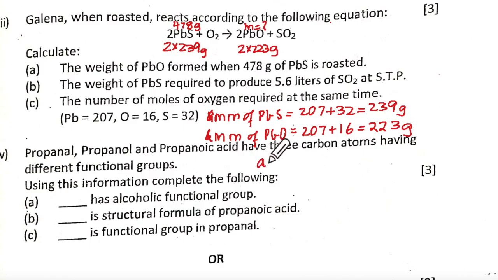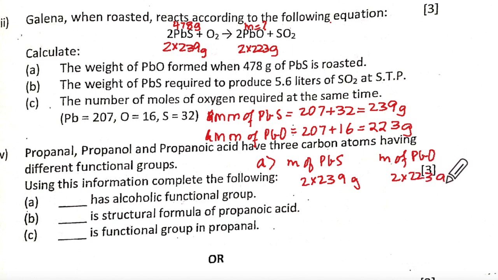I would for A part make two columns. Mass of PbS, both the numbers are known, so first column, and mass of PbO, so both the numbers known, 2 into 239 gram would give 2 into 223 gram.